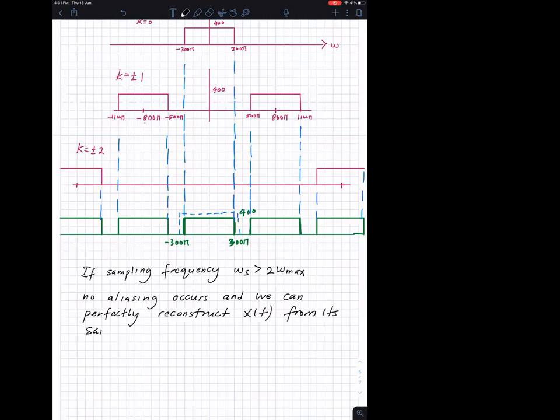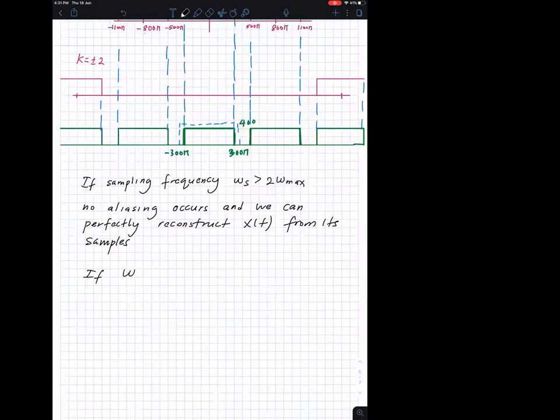Okay, if the sampling frequency is equal to or less than twice the maximum frequency, aliasing occurs.